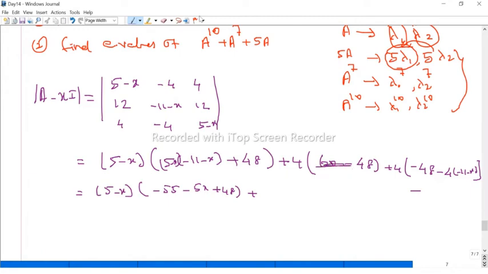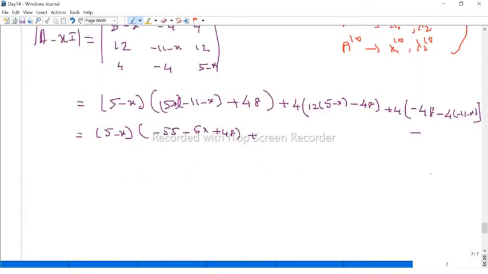This position also we have to change. So therefore minus plus 4 into 12 into 5 minus x minus 4 into 12, that is 48. And the others are correct, I think. Now multiply this.